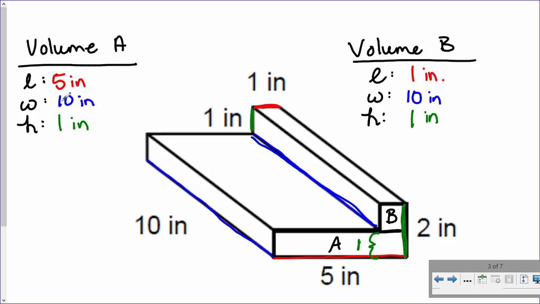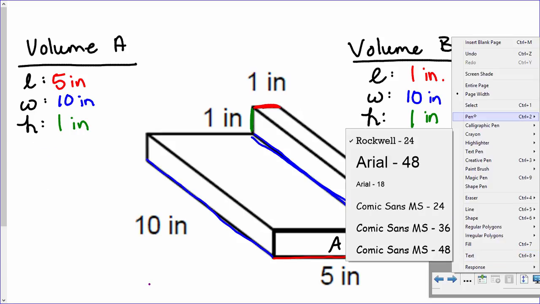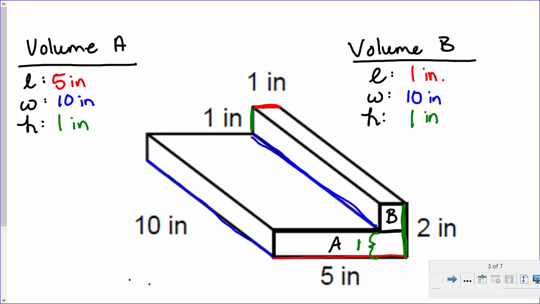So 5 times 10 is 50. 50 times 1 is 50. So we get a volume of A, which is 50 cubic inches. And for B, it's 1 times 10, which is 10. 10 times 1, which again is 10. So we get a volume of 10 cubic inches.